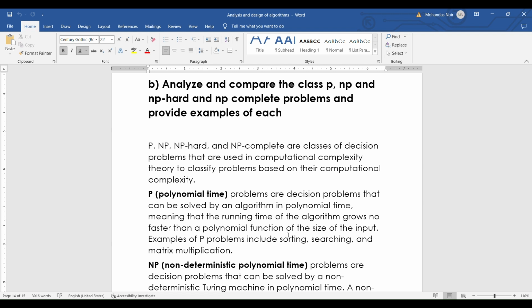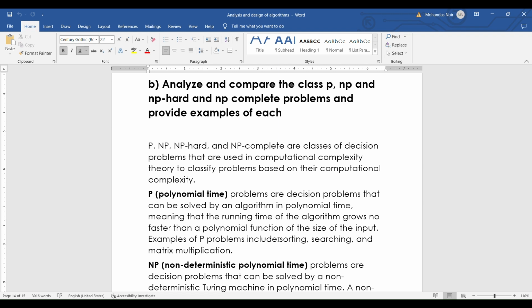Question 9. Analyze and compare the classes P, NP, NP-hard and NP-complete and provide examples of each. P, NP, NP-hard and NP-complete are classes of decision problems that are used in computational complexity theory to classify problems based on their computational complexity.